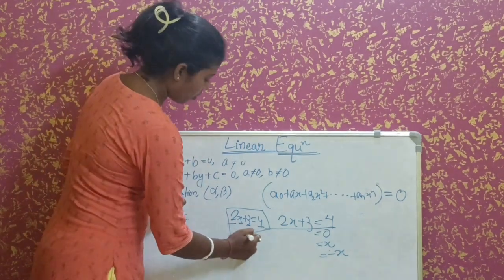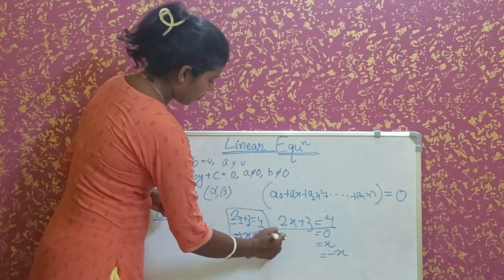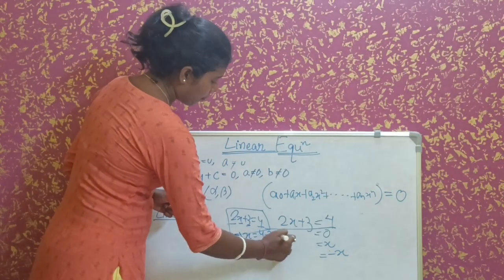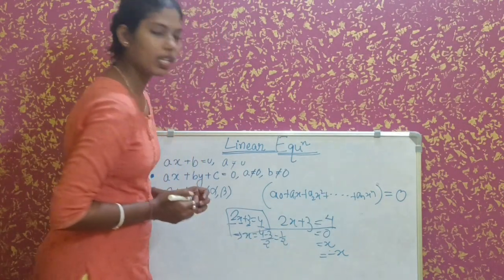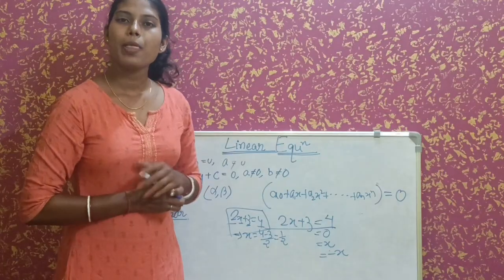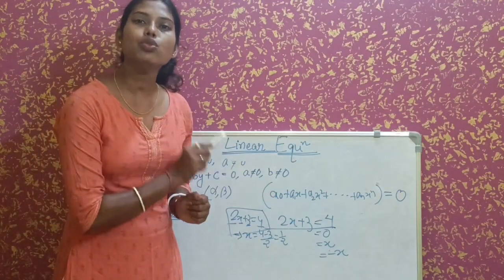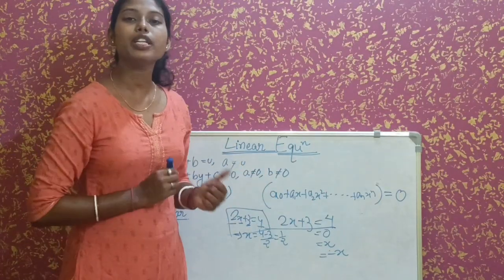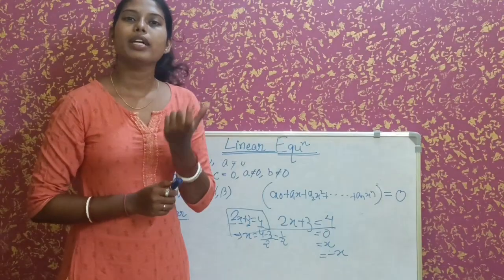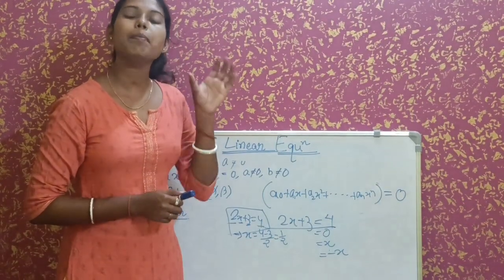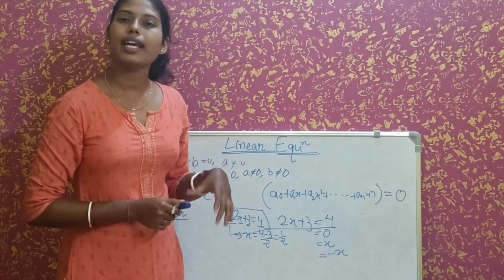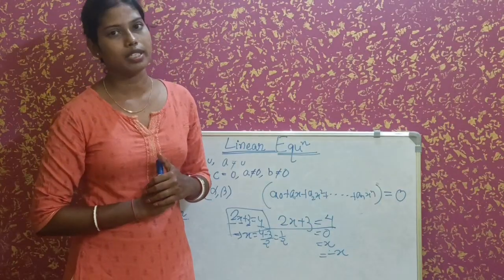The value of x will be (4 minus 3) by 2, that is 1 by 2. What is 1 by 2? It is the root of this equation. Any number which satisfies a particular equation is called the root of that equation.